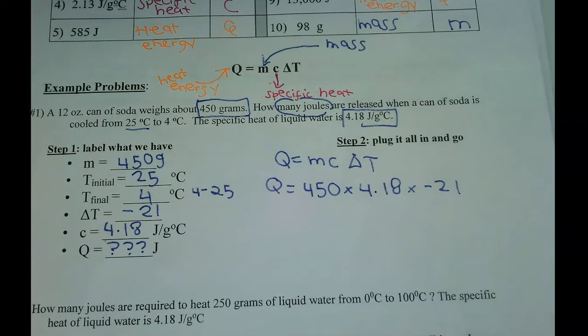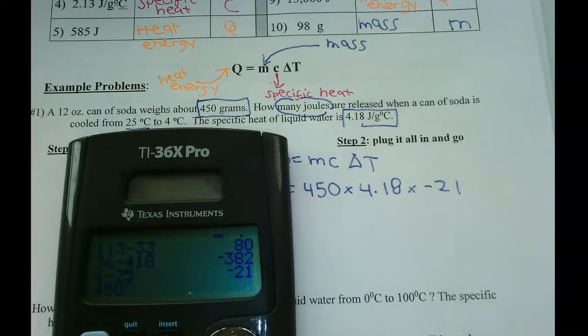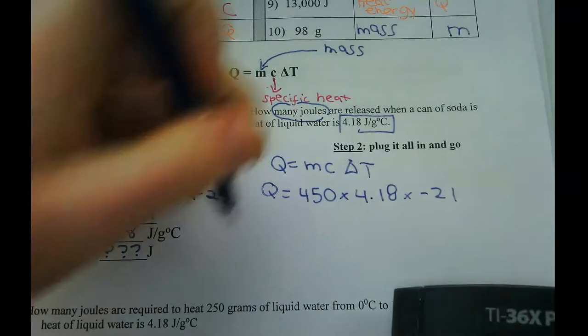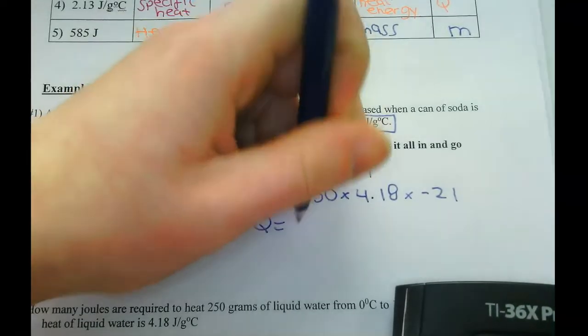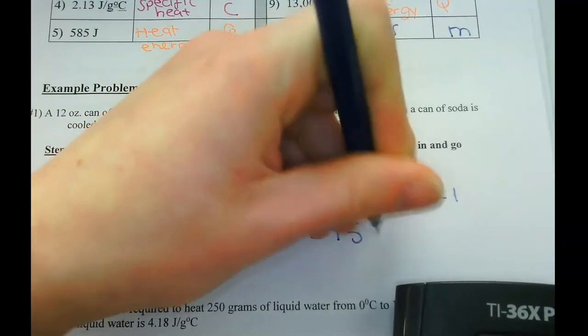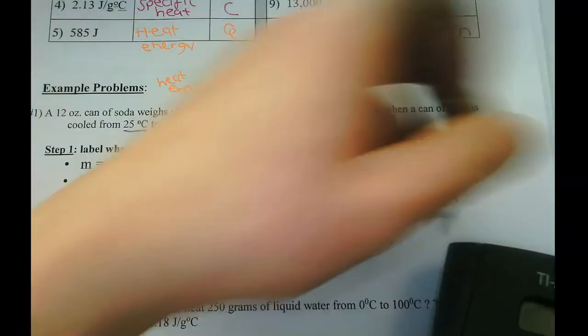I'm going to plug that in my calculator. All right, so our Q is equal to negative 39501, and our units for this is joules.